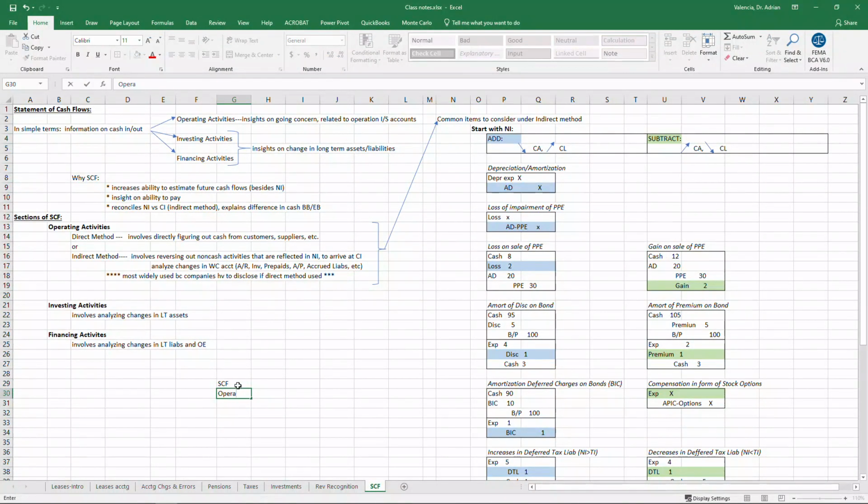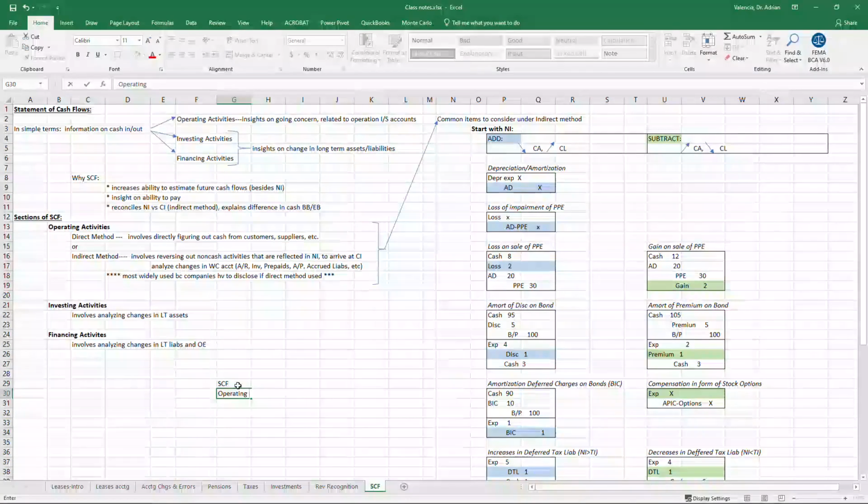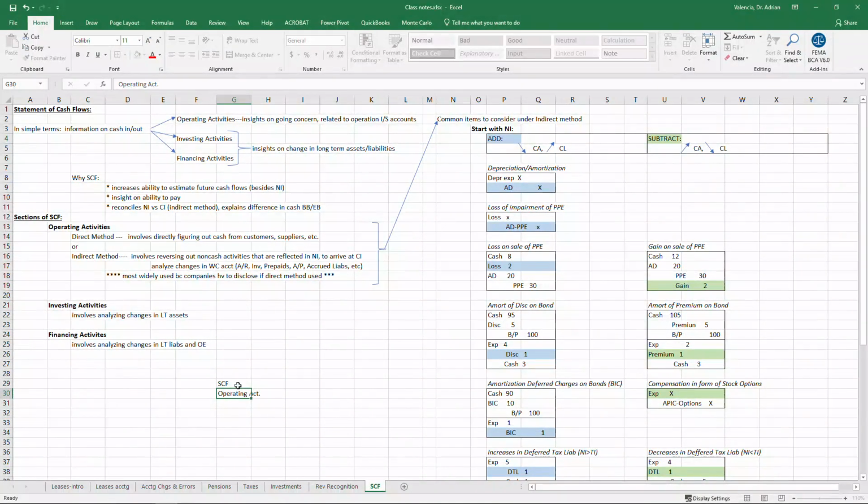Of course, this is a simplified statement of cash flows, but you would have net income as your beginning amount, whatever that may be, and then to that you're going to add depreciation. Okay, this is the way you would do the operating activities. Net income plus the depreciation of X, whatever that may be.